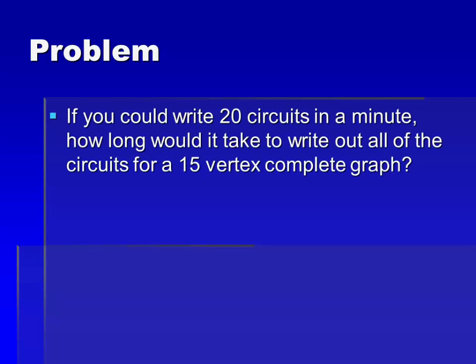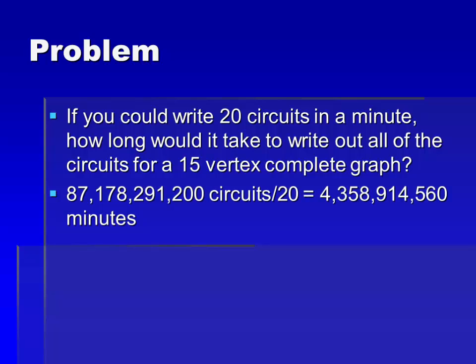Well, let's think. Suppose you're a whiz at writing out circuits, and you can write out 20 in a minute. How long would it take you to write out all of the circuits for a 15 vertex complete graph? Well, if I take the 87 billion, etc., and divide by 20, I end up with 4,358,914,560 minutes.